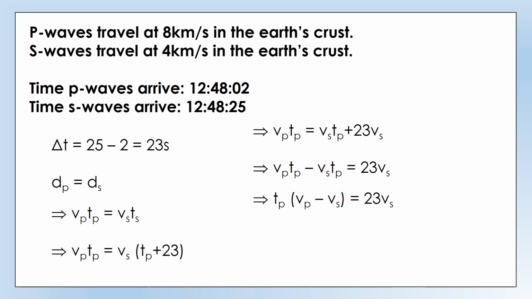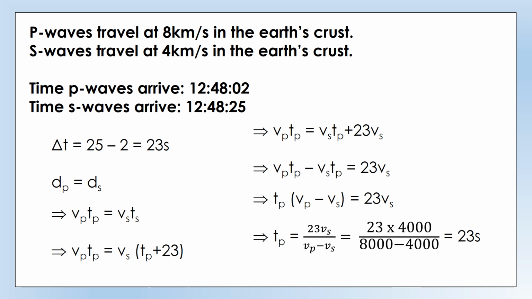And then what I've done is I've factorized that. So you see both things have a factor of Tp on this side. So I factorized that out. And we've got Vp minus Vs. And then what we can do is calculate what the time for the primary wave is, because we know the speeds at which they travel in the material, because we can substitute those in, and we find that actually the primary wave took 23 seconds to travel from the epicenter to our location, and then it therefore took 46 seconds for the secondary wave to arrive there.